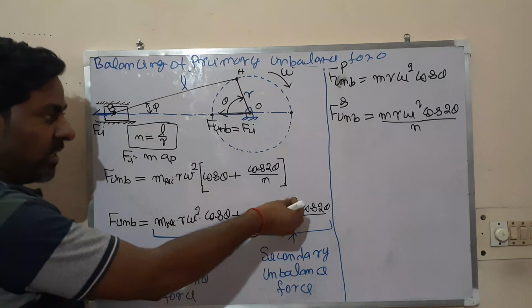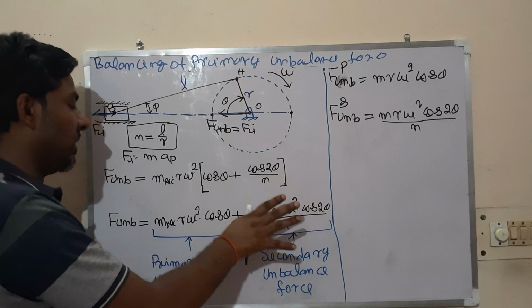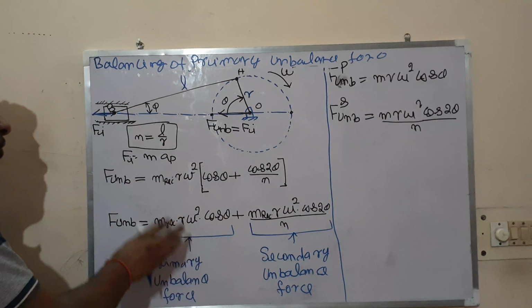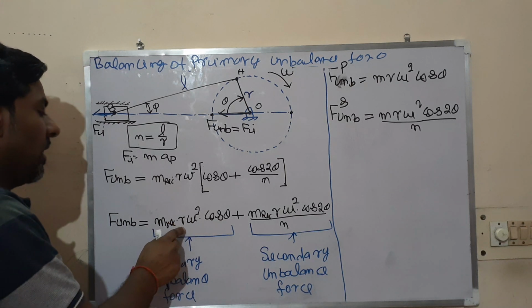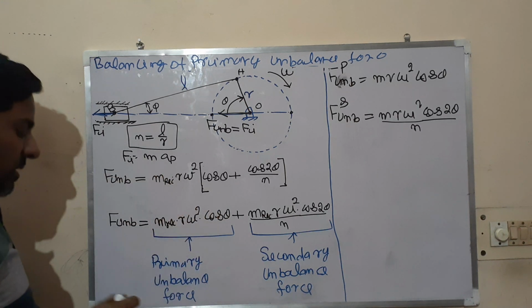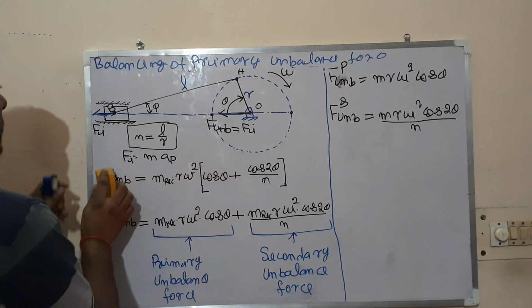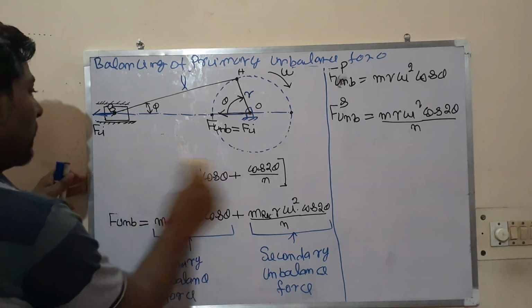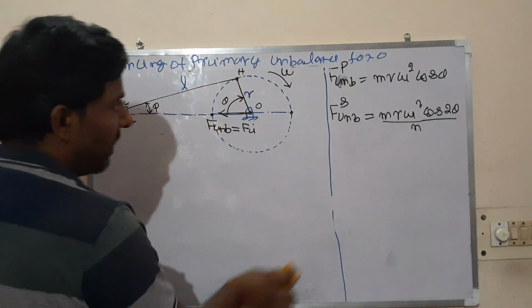If the speed of the engine is very small, the secondary can be neglected, but not for the high speed engine. First I am going to balance the primary unbalanced force, that is mrc r omega square cos theta. Let us see how this primary unbalanced force can be balanced. So what am I doing for that?